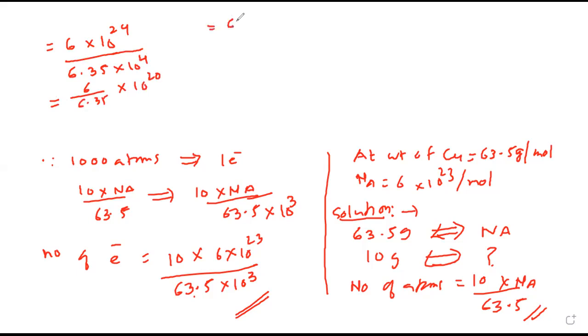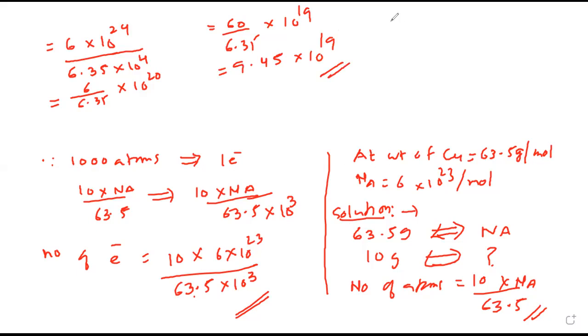So it can be 60 upon 6.35 into 10 raised to 19. I'm doing with calculator, 60 divided by 6.35 equals 9.448, which can be rounded off to 9.45 into 10 raised to 19 electrons. One is losing, other is gaining.